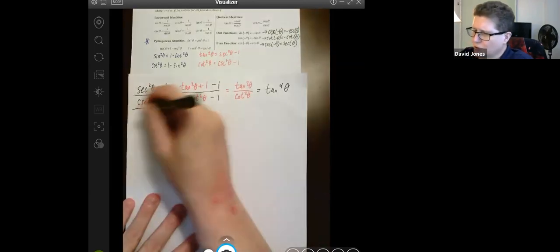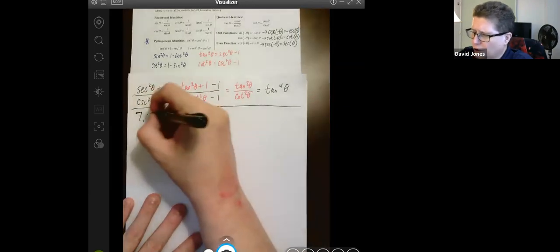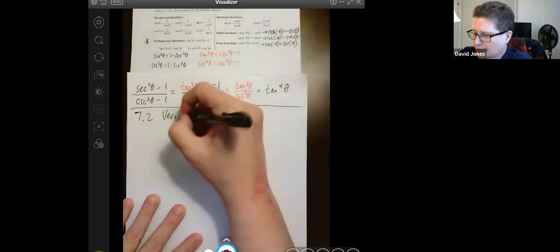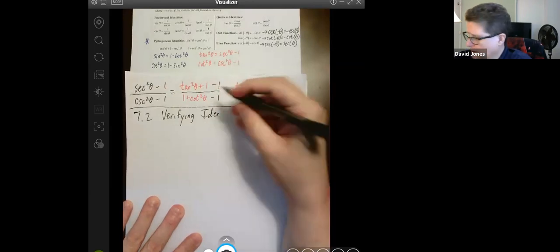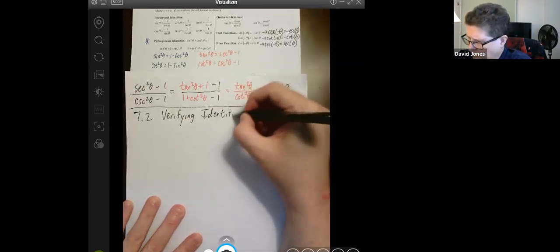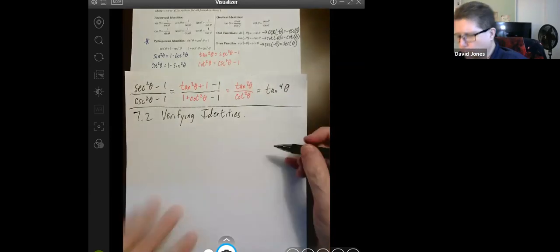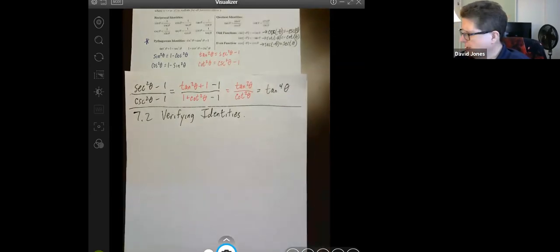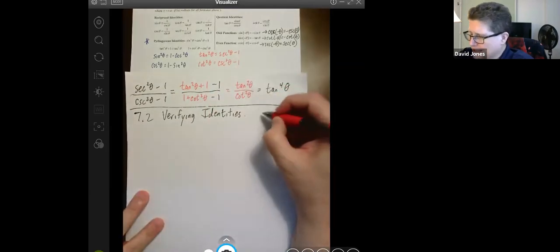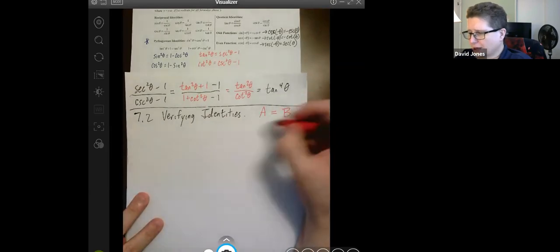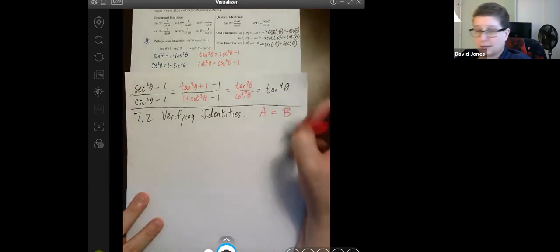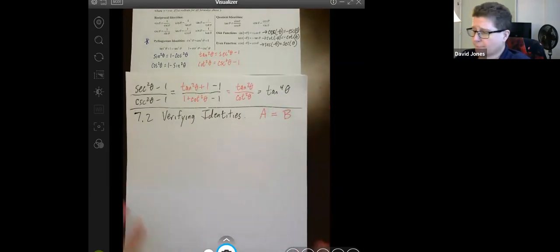7.2 goes a little bit further. In 7.2, we look at verifying identities. And what this means is we've got side A equals side B, and there's trig functions in both. There's stuff in both sides.